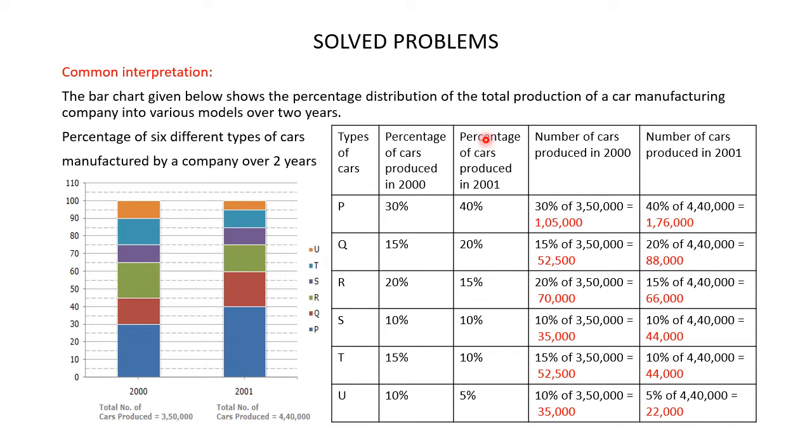This column is for percentage of cars produced in 2001. This column is for the number of cars produced in 2000, and this column is for the number of cars produced in 2001.